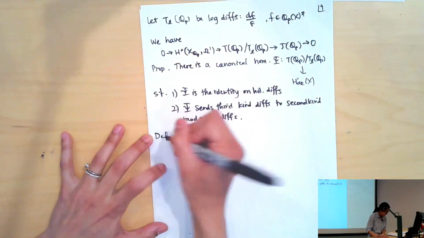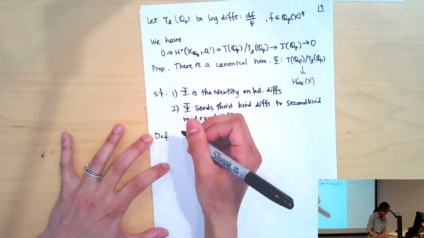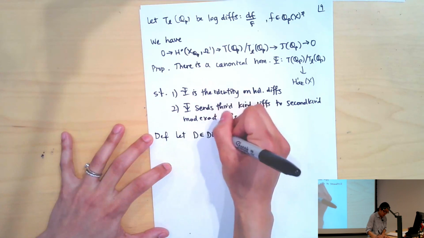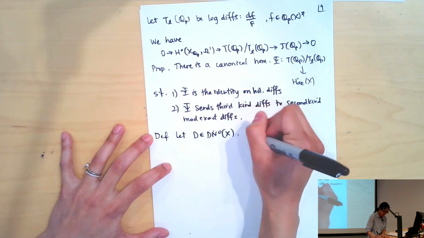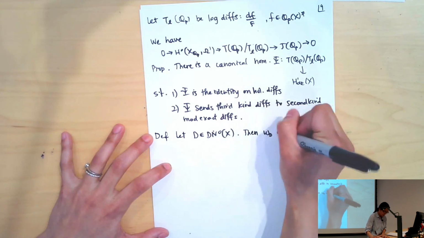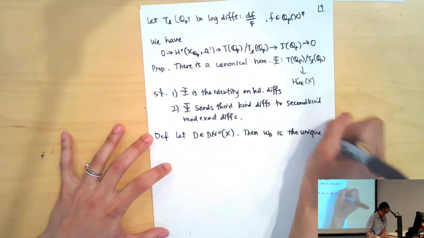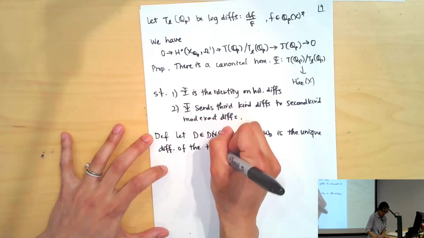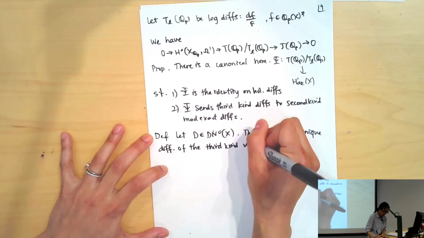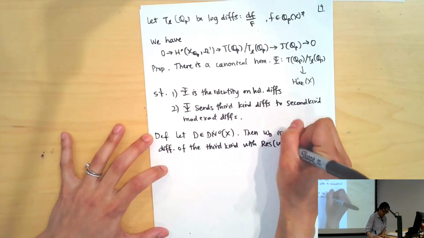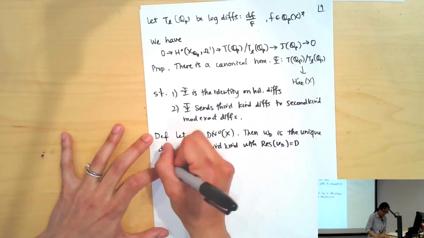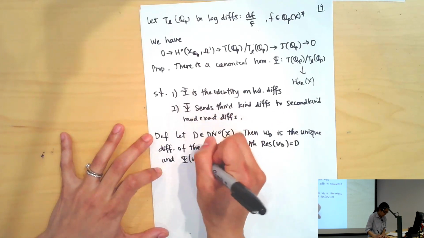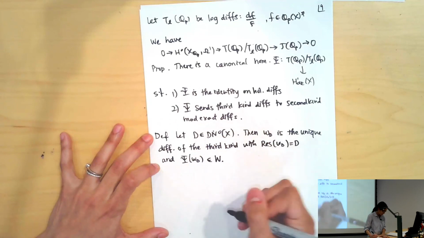And now we can define this omega d associated to a divisor. So if I have some divisor of degree 0, then omega d is the unique differential of the third kind with, of course, the right residue divisor, but also this map psi will send omega d into this complementary subspace.